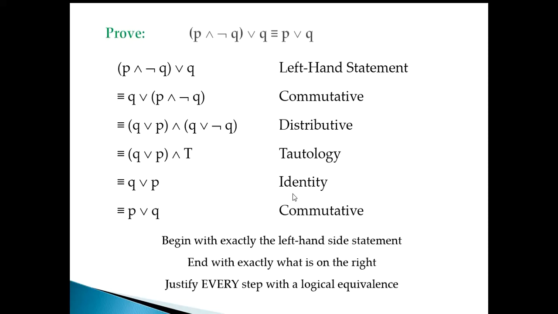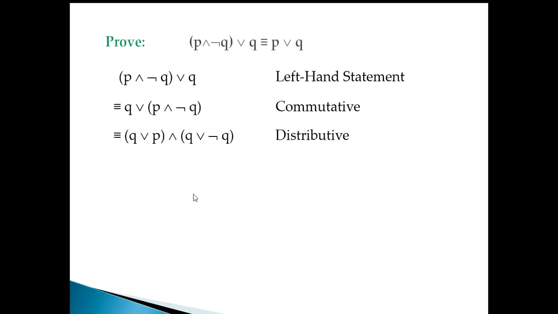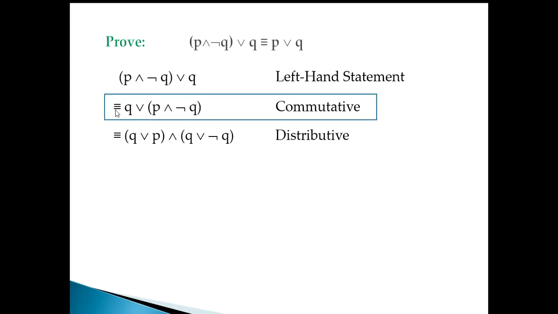Clear? Okay, so now in the last example we did this, right? You may wonder why we interchanged this, meaning why we used the commutative law here and did not directly use the distributive law.